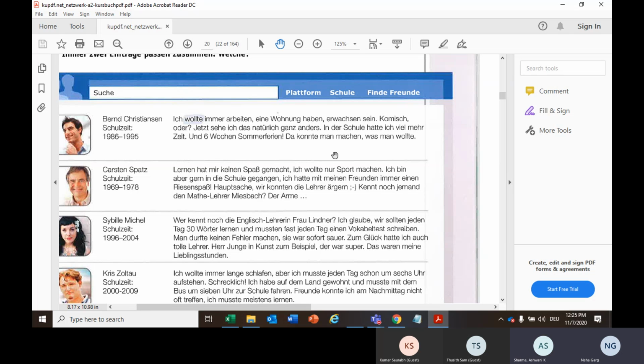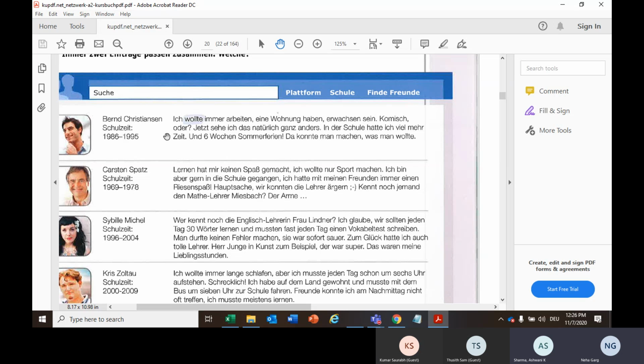Eine Wohnung haben, to have a house. Erwachsen sein. Erwachsen means mature. Sein, to be. So erwachsen sein together means to be mature or to be an adult. Komisch, oder, funny, isn't it? When we put a sentence and after that we put oder, that means isn't it?